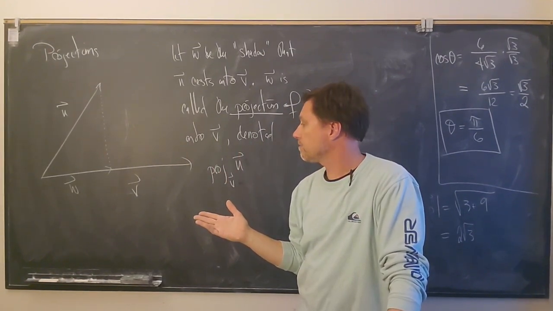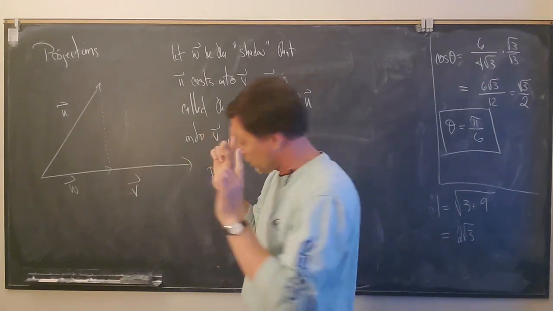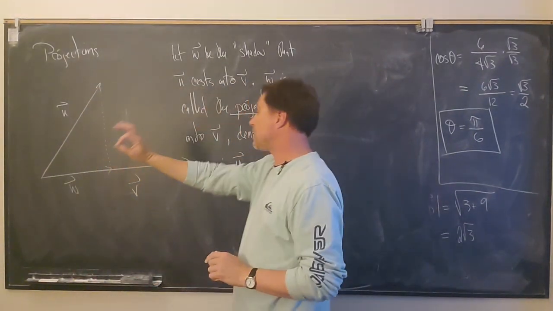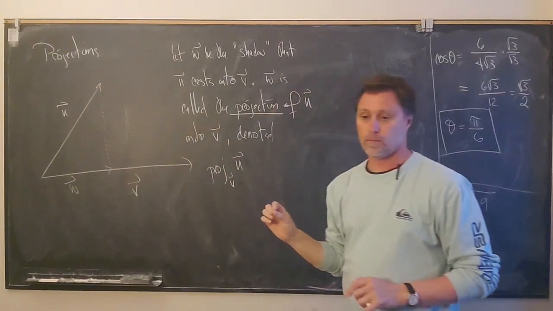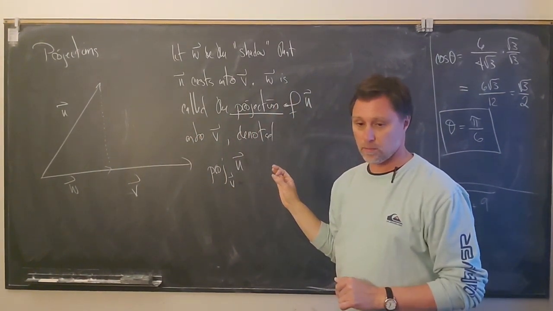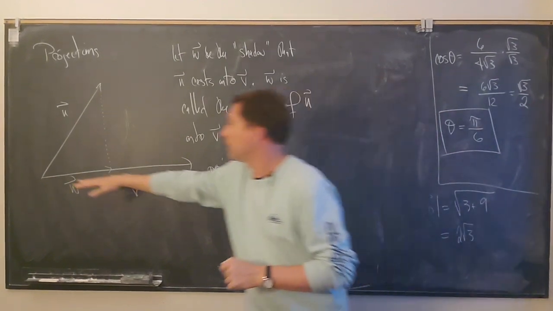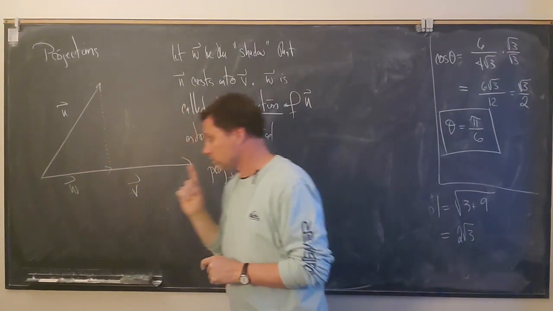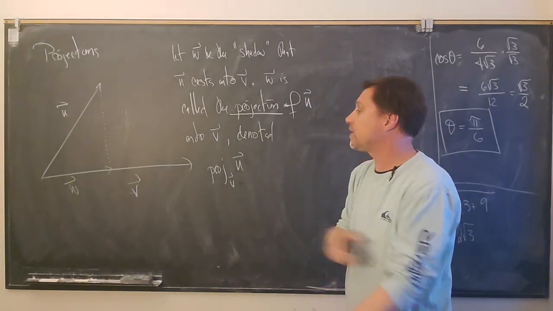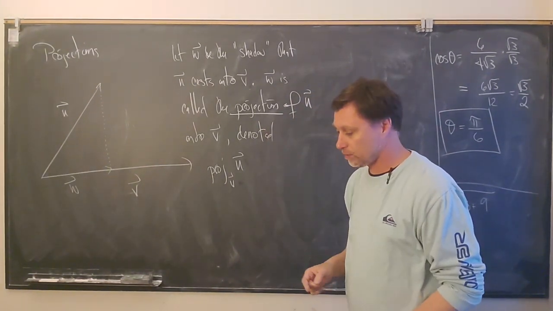If I can figure out the length of W, I know that W is going to be a vector in the direction of V whose length is exactly that amount. So that's the point. I need to know the length of W.